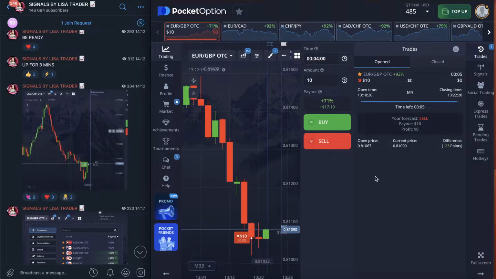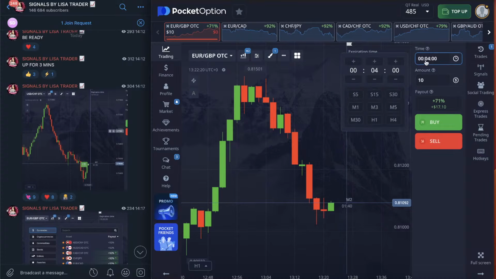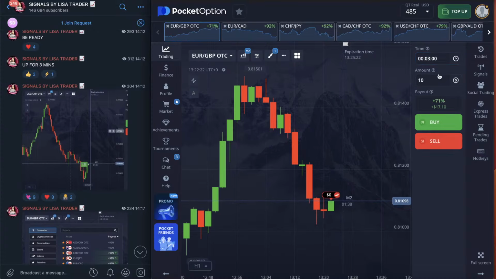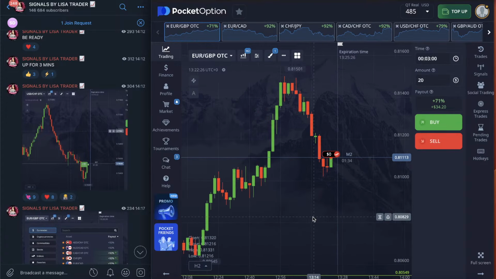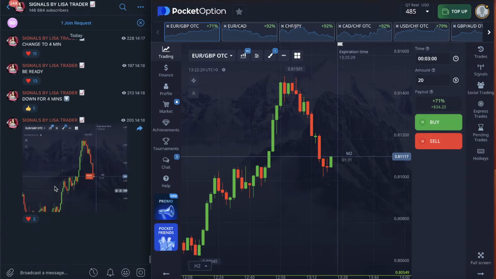It started reversing in an upward direction in the last seconds, as you can see. My God, we're in the plus. Today the market is not on our side too much, as we can see. It started reversing in an upward direction.